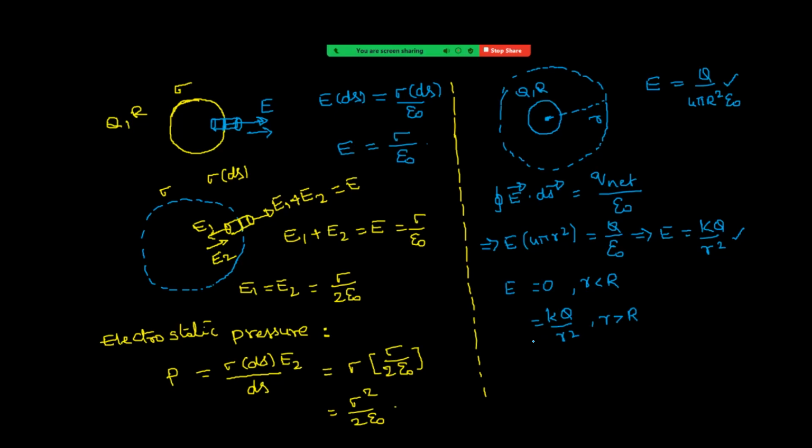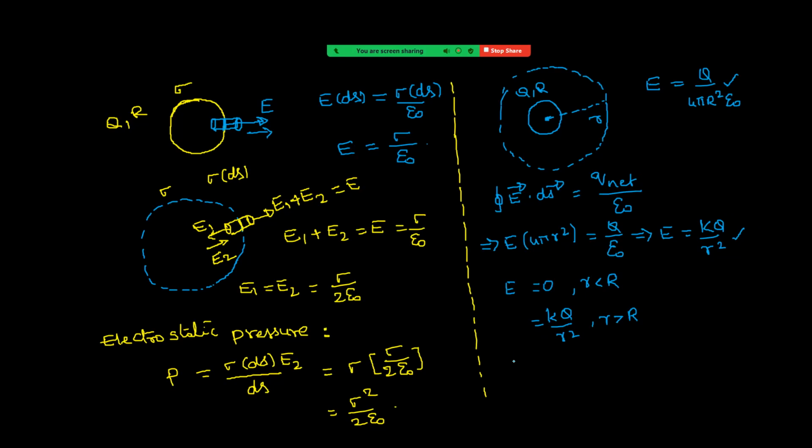Now see one more thing. If you want to calculate potential, we can use the same result. Since the field outside is just like that due to a point charge, the potential outside will be the same as that due to a point charge.